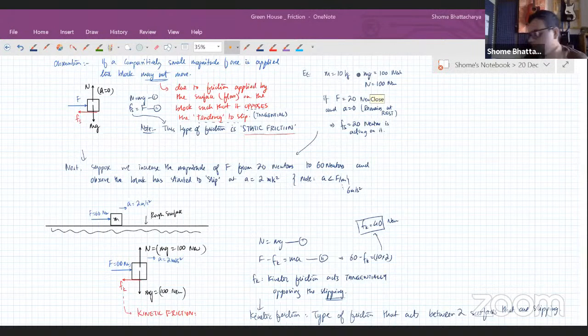Harshal, is the point clear about the difference between static and kinetic friction? Yes, in this particular case, that is what is happening, Rachit.